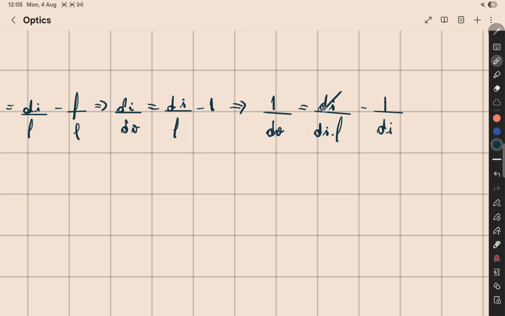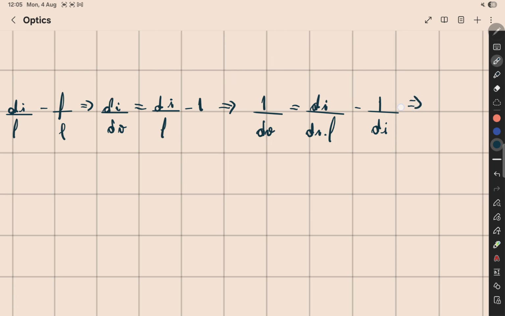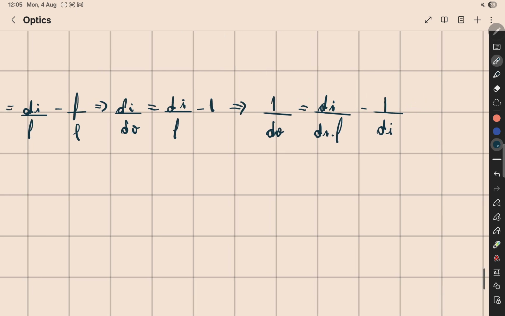And here you see that this di cuts with the di downstairs. And finally, I'll write it down here. We'll have that 1 divided by do is equal to 1 divided by f minus 1 divided by di, okay?